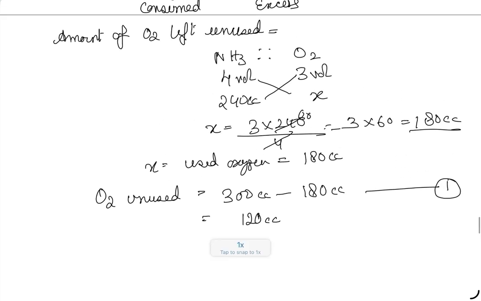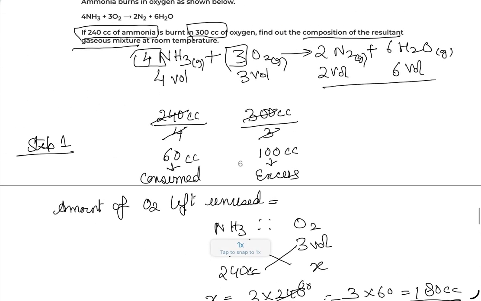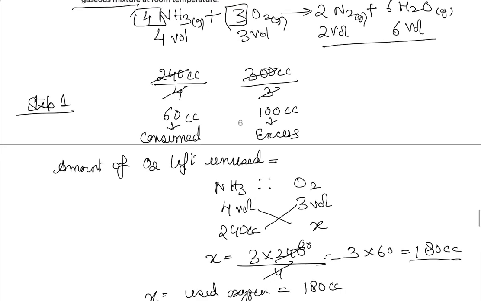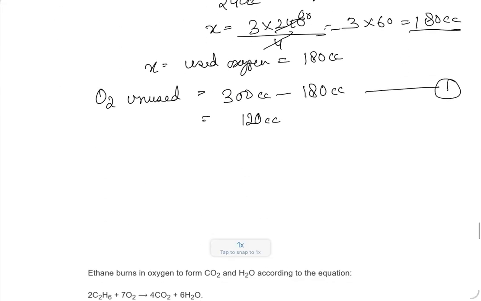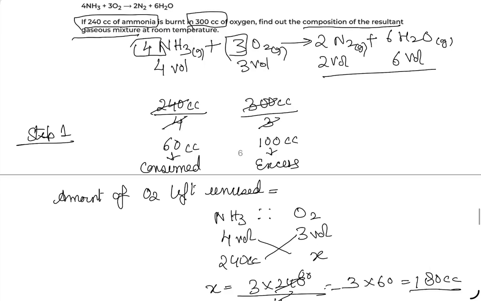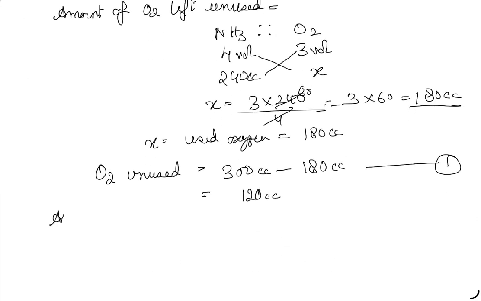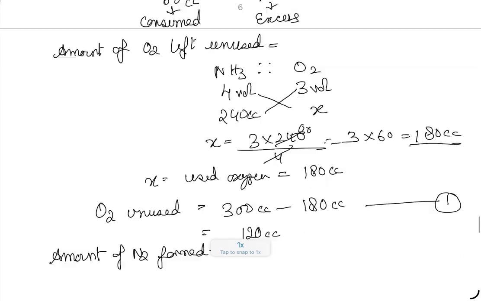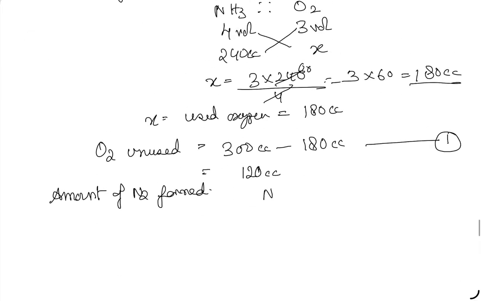Now we have to find out how much product volume is produced. There are two products, and we are going to find out each of them. Let's look at this. The amount of nitrogen formed depends upon ammonia. Again we will write down the stoichiometric ratio: 4 ammonia is to nitrogen.